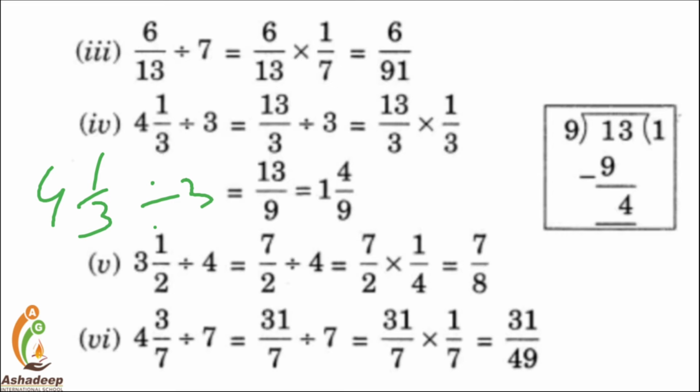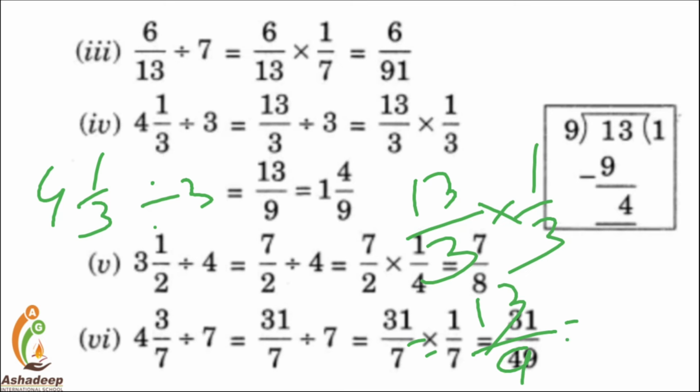So first let's convert it into an improper fraction. 4 3s are 12, 12 plus 1, 13 upon 3 multiplied by 1 upon 3. So 13 upon 9, so 9 1s are 9, 1 and 4 upon 9. Clear?